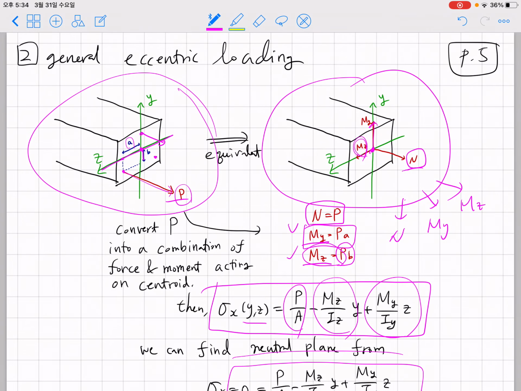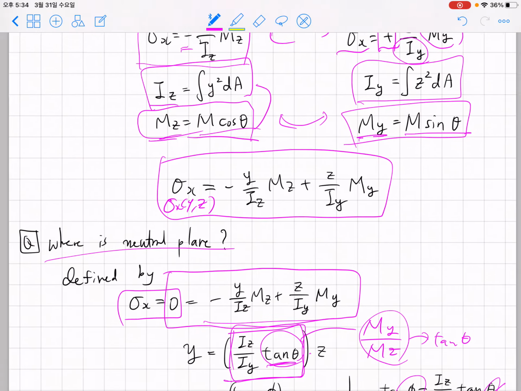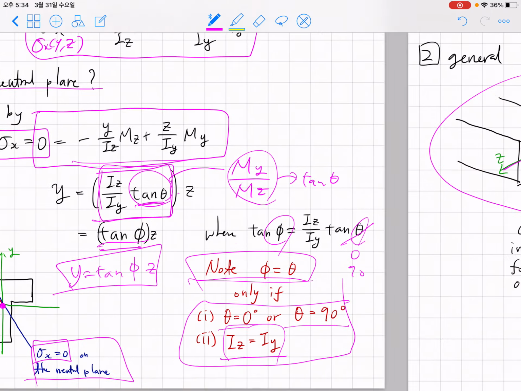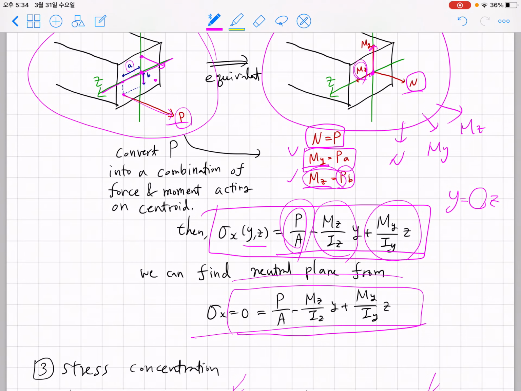However, with this kind of thing, in addition to y equals some constant, which is tangent phi z, you're going to have some additional constant. The implication here is that if this is the centroid point, your neutral plane will not go through the centroid point.